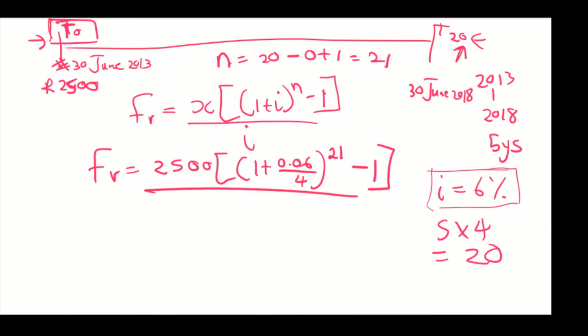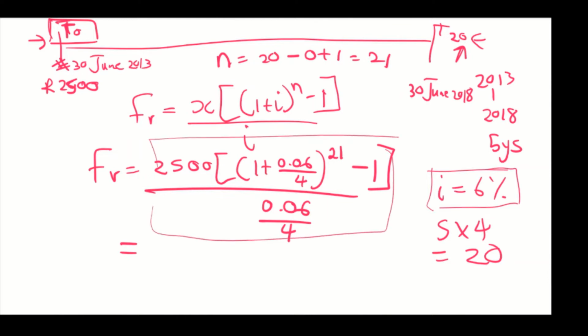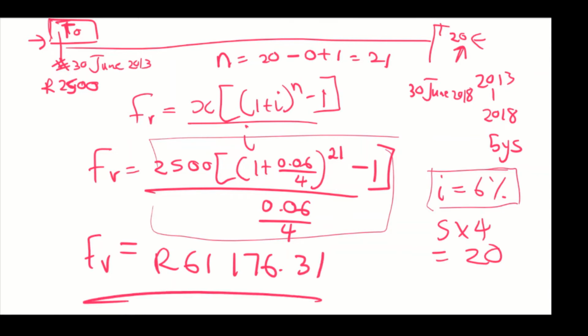And then we divide by 0.06 over 4. So you're just going to punch the entire thing into your calculator and find the future value annuity, which would be 61,176.8. So this is the solution for this problem here.